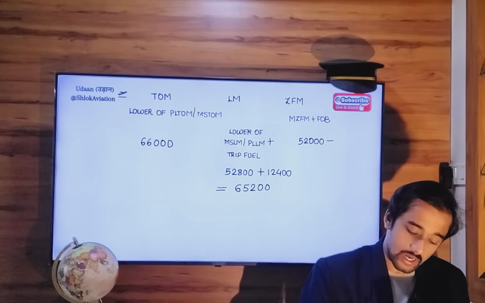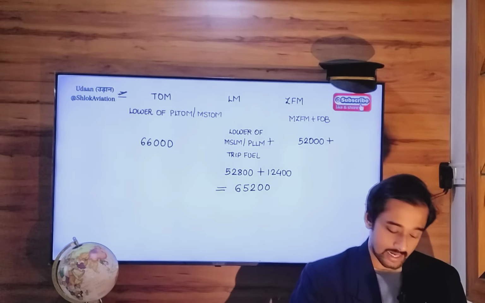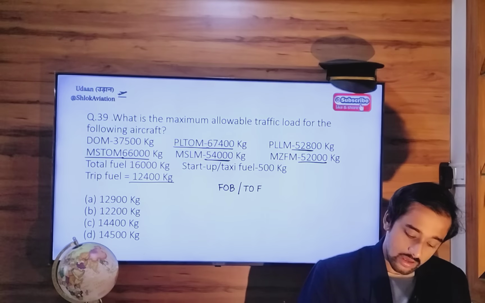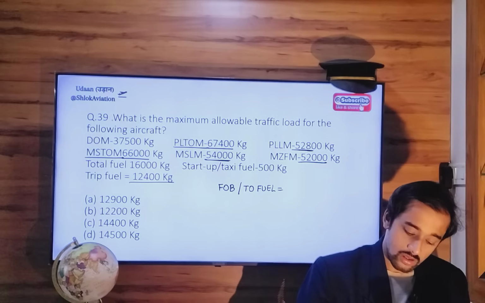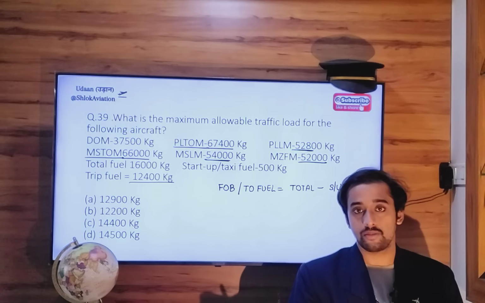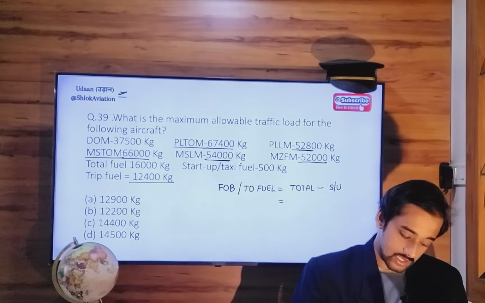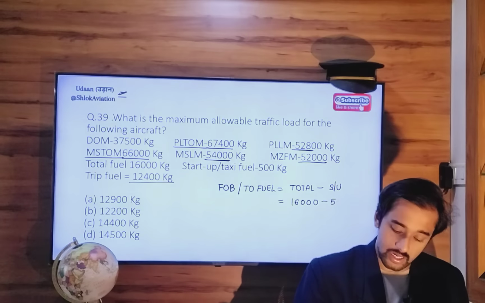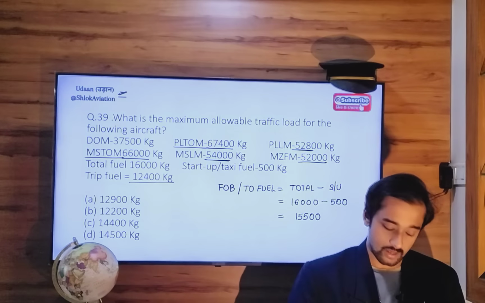Fuel on board or takeoff fuel is not given to you directly. We can calculate that fuel on board or takeoff fuel is equal to total fuel in your tanks minus fuel consumed in startup and taxi. So 16,000 minus 500 is 15,500 kilogram.